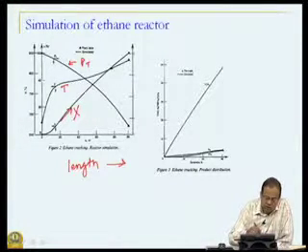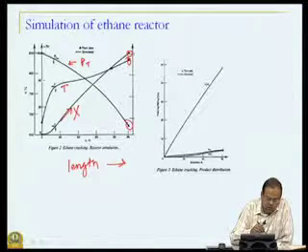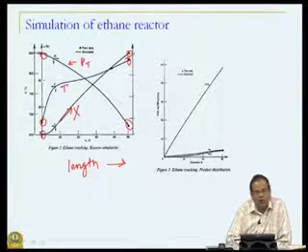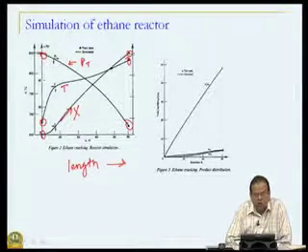And the points, although you do not see them, are the typical inlet and outlet conditions. There is a fairly good match with the model simulation.